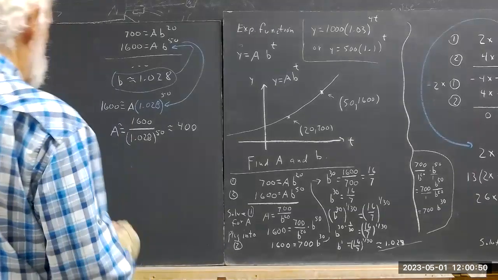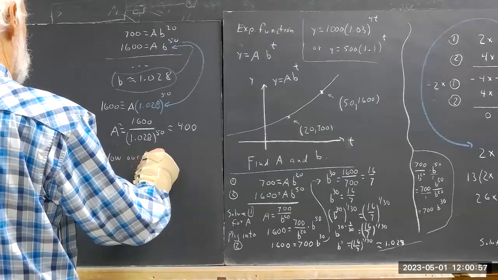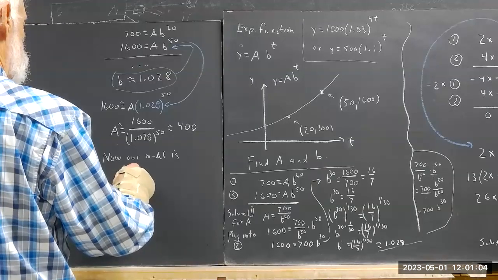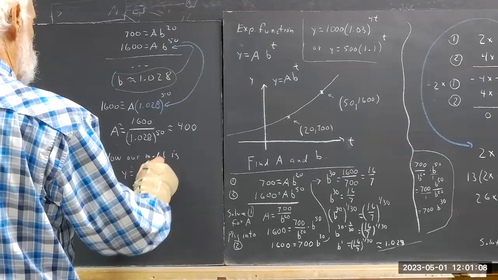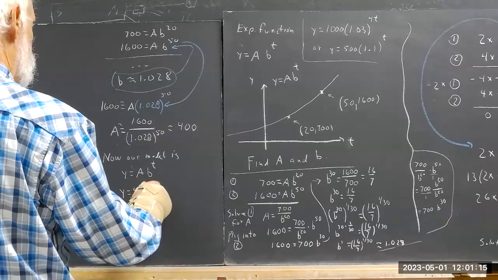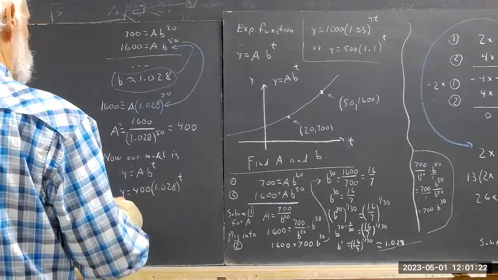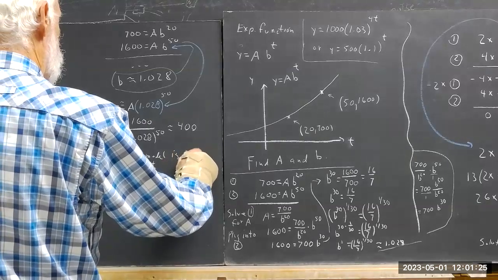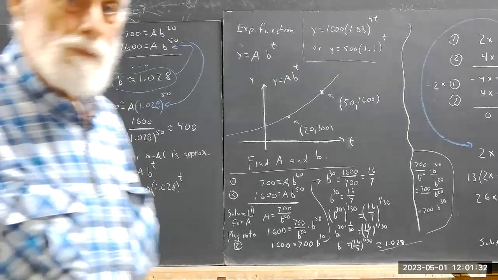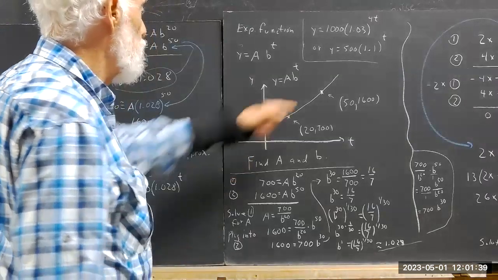So now y equals A b to the t. Now this is an approximate model, but it will hit those two data points, and it makes good sense in terms of the picture.